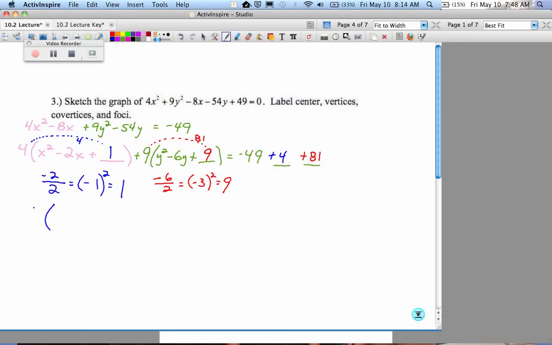So now I have 4 times x minus 1 quantity squared plus 9 times y minus 3 quantity squared is equal to, that's 85 minus 49.